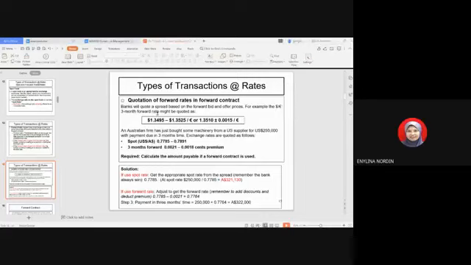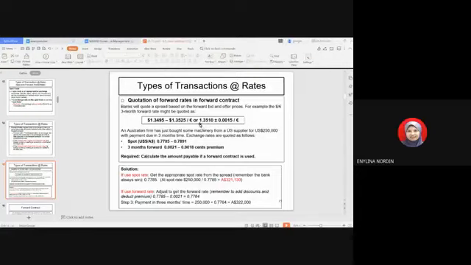The 3 months forward rate might be quoted for 1 euro as the US dollar between 1.3495 and 1.3525 per euro.